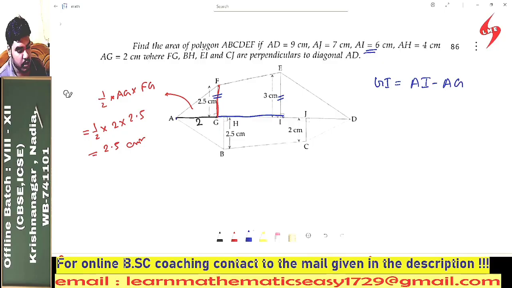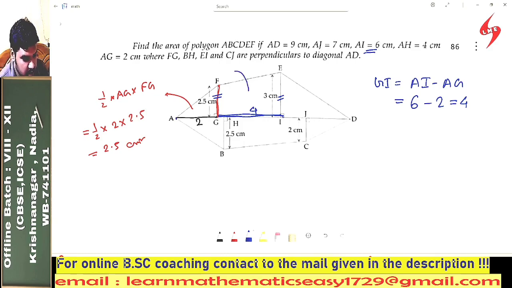So the total AI length is here 6 cm and AG is given here 2. So GI is 4. So this part is 4. Okay, got it.